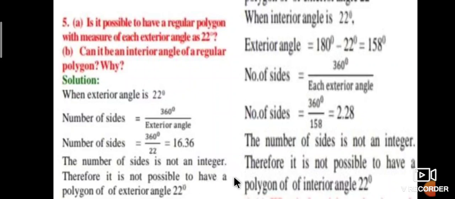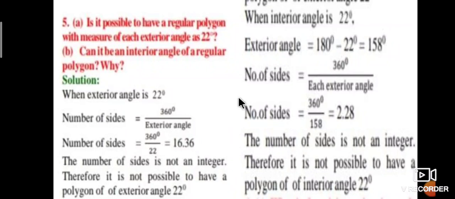Therefore, it is not possible to have a polygon with exterior angle 22 degrees.